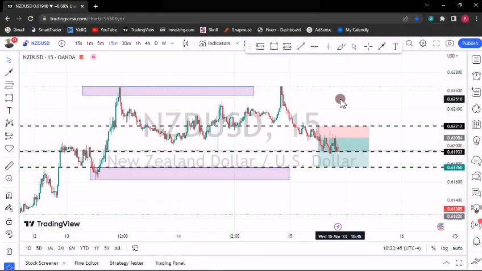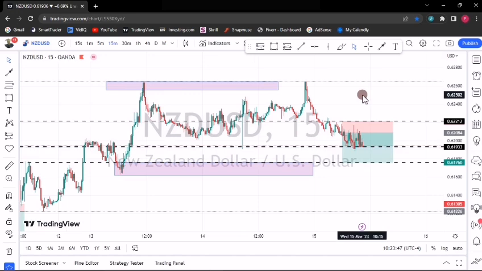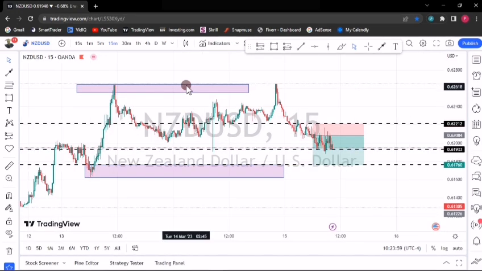Let me start by showing you how I took this trade, just to refresh your mind for those who are trading my strategy. So what you see on the screen is these two solid horizontal lines, these two key levels. What happened is that on a higher time frame, as you know, I started by marking the highest point, and then that highest point began right there, which are my two key levels.